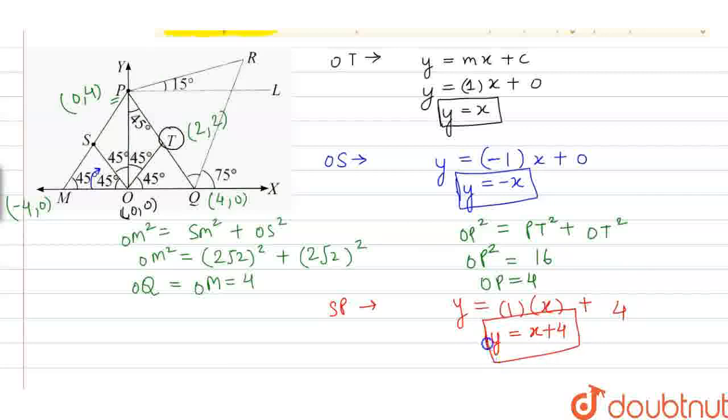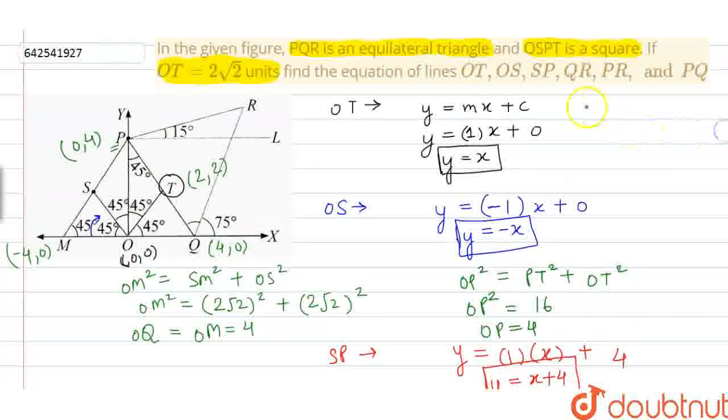Now we need to also find the equation of other lines as well. So the next line is QR. Now to find the equation of line QR, we know the slope of this line, and we know the coordinates of point Q, that Q has the coordinates (4, 0). So if we write the equation of QR and substitute the value of Q, which is lying on QR, then we can easily calculate the value of the intercept, right?